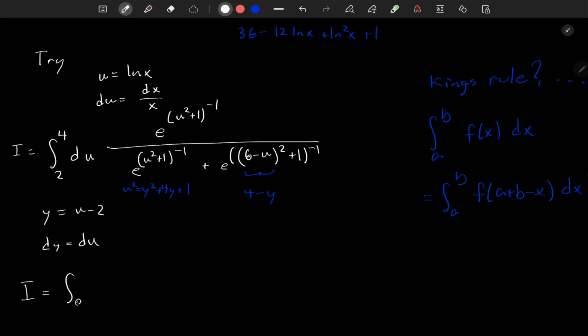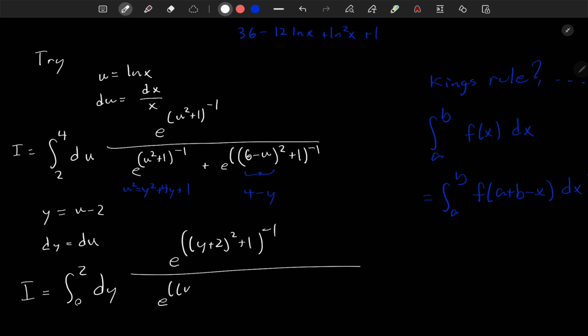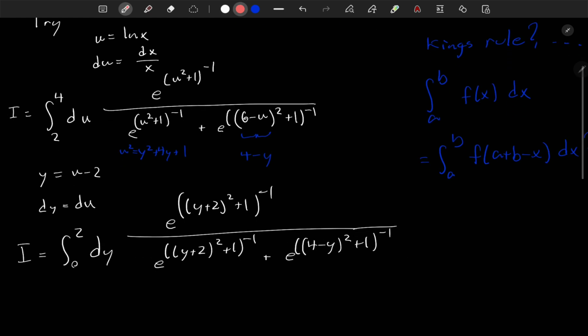So I is going to be the integral from 0 to 2 dy of e to the y plus 2 squared plus 1, reciprocal over the same plus your 4 minus y squared plus 1, and then the algebra that you could spot pretty early anyway is to multiply out this guy.